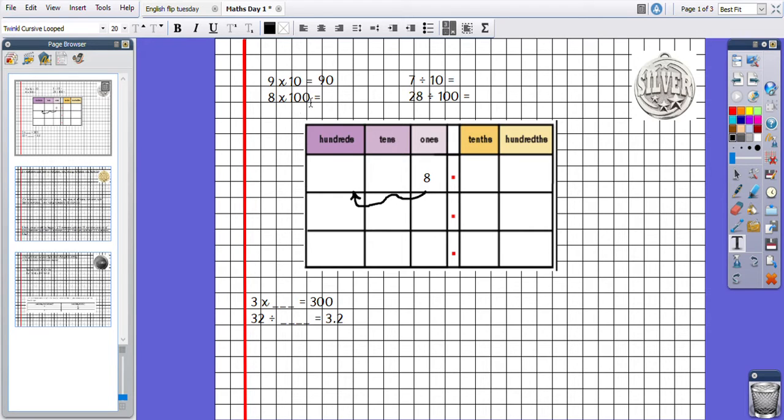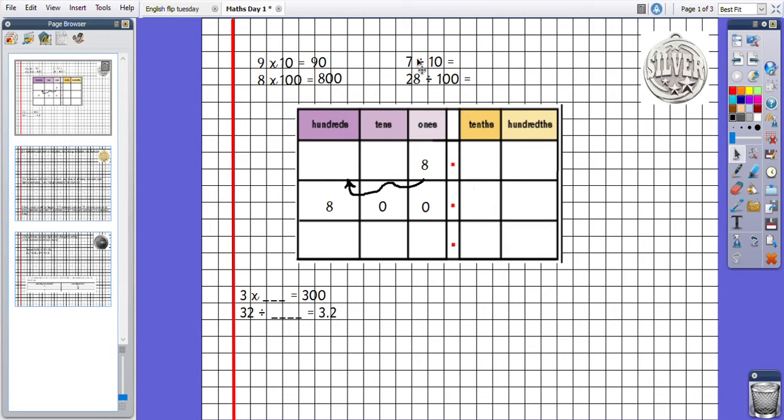So we have 2 zeros, so we are moving our digit 2 places to the left. So my 8 is now in my hundreds column, and I have 2 columns here with nothing in, so I need to make sure my 8 doesn't fall down my columns, so I need to use 2 placeholders this time. Okay, so my answer would be 800.